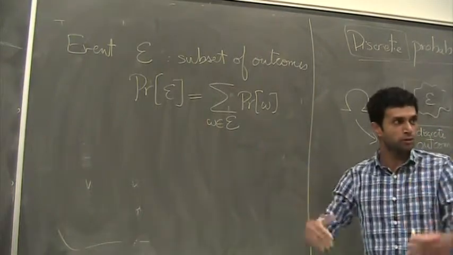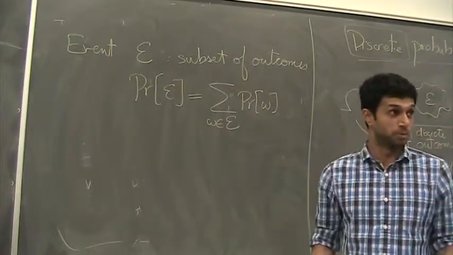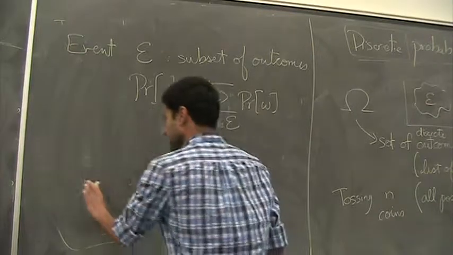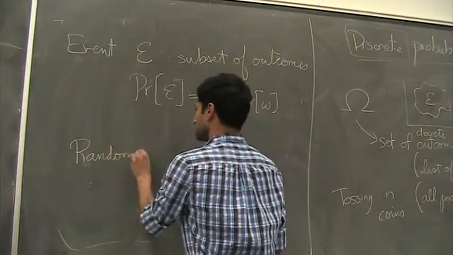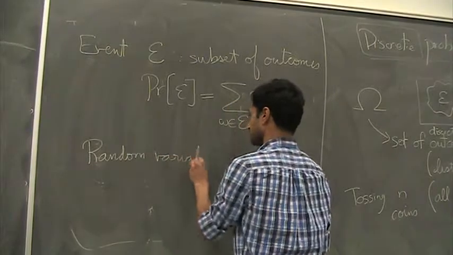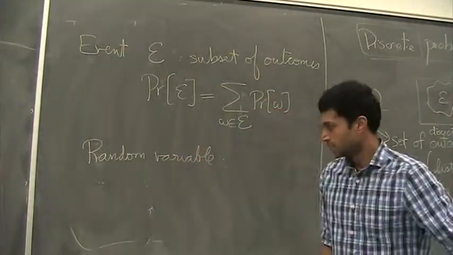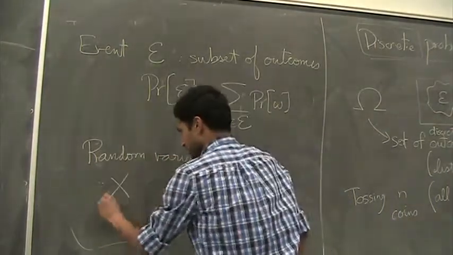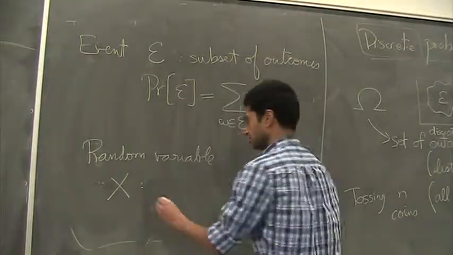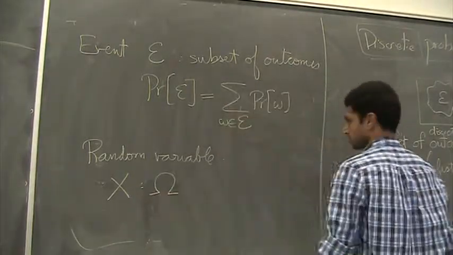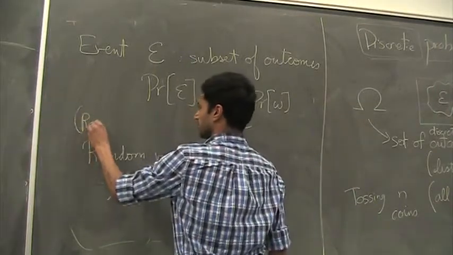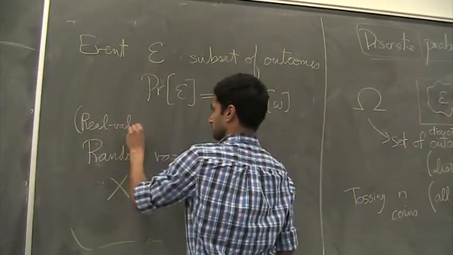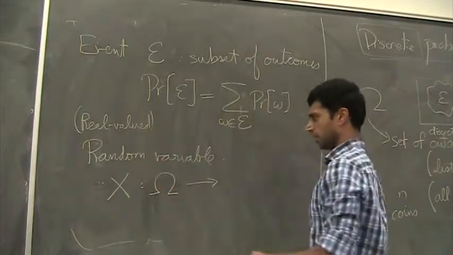Now let's go one step further, the notion of a random variable. This is a little more complicated. So what is a random variable? A random variable is actually a function from this. Let's just suppose we said real value, but you can have all other kinds of values.